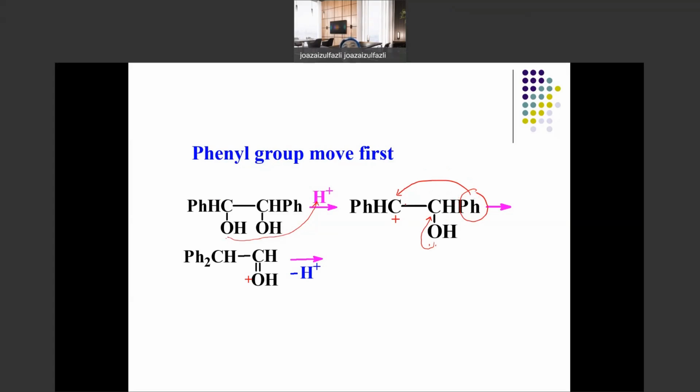Phenyl group moves first. That's how we get this ion, from migration of the phenyl, not the hydrogen. And then the final product will be an aldehyde.